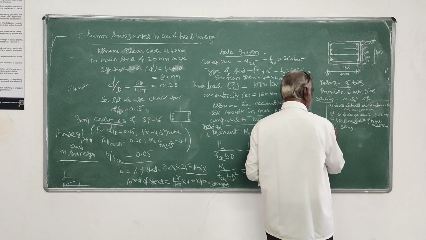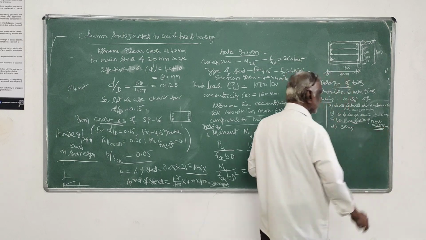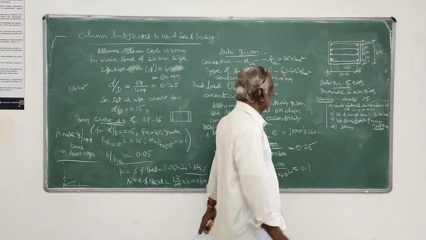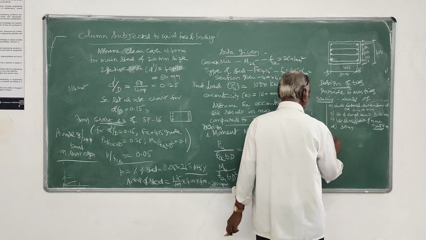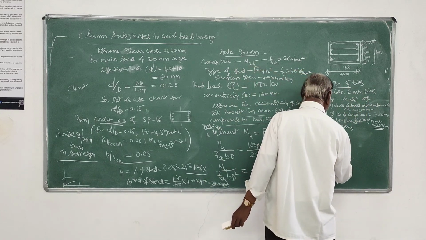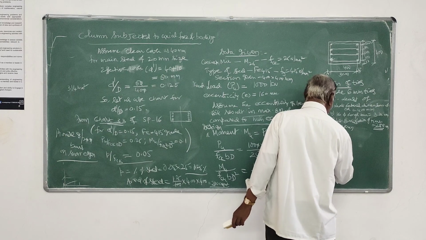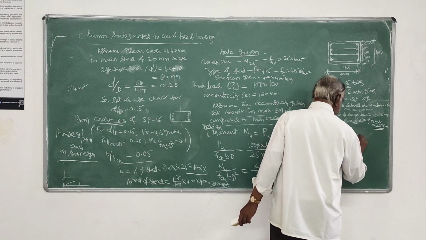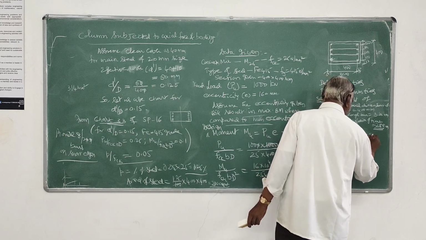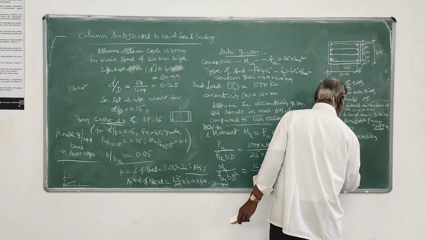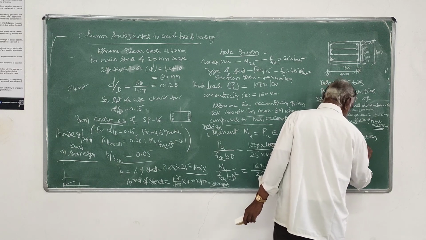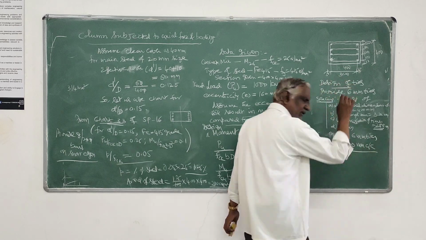Out of these, the least is 288. You can provide 6 mm ties at, say, 280 millimeters center to center.